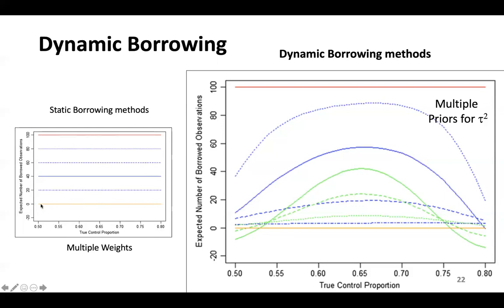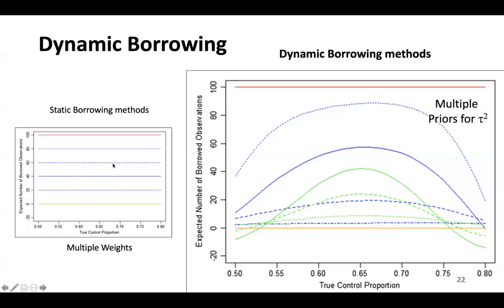Ignoring those 100 patients is the orange line here at the bottom, where regardless of the data, even if we observe exactly 65%, we ignore that data. The blue lines are different power priors where you downweight the 100 to be equivalent to 80, 60, 40, or 20.